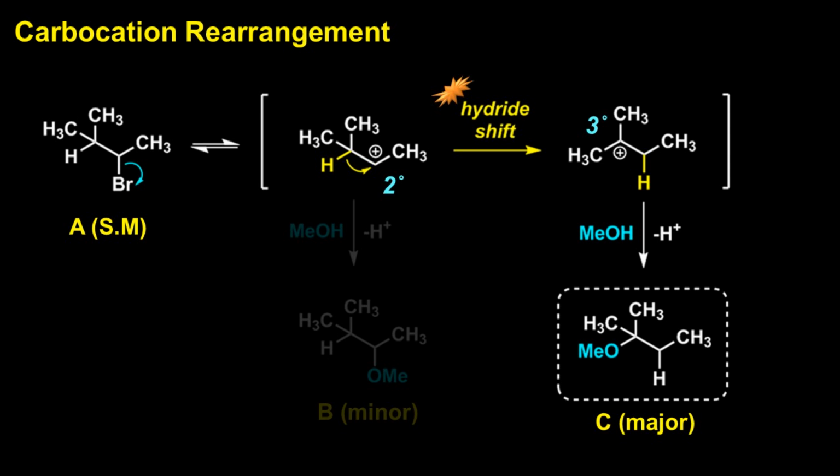This shift moves the positive charge, converting the secondary carbocation into a much more stable tertiary carbocation. Why does it happen? Simply put, tertiary carbocations are more stable than secondary ones. After this rearrangement, methanol quickly attacks the new, more stable carbocation. Following deprotonation, we end up with compound C as the major product.